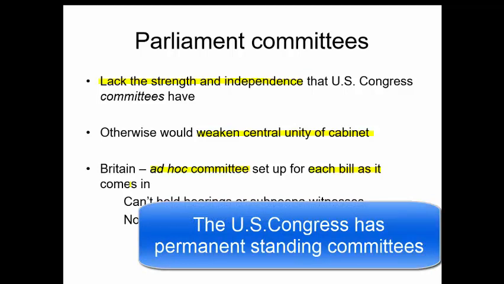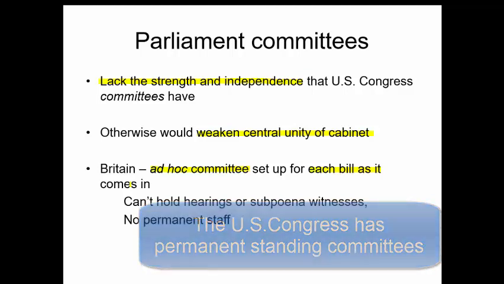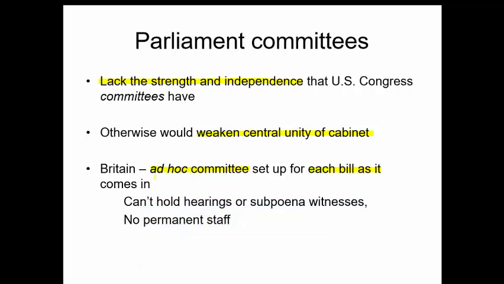They're just set up if it feels like there needs to be a committee to review a bill, and they do not have the same power that the U.S. committees have to hold hearings and subpoena witnesses. The Parliament committees do not do this, and they do not have permanent staff. So that's a pretty big difference between the parliament systems and the presidential systems that have a Congress, where the committees do the bulk of this work.